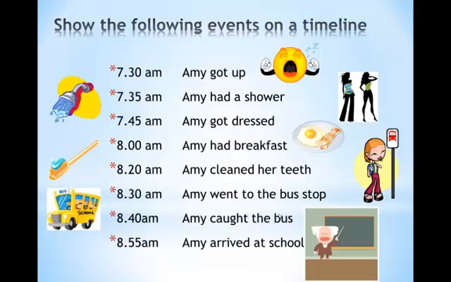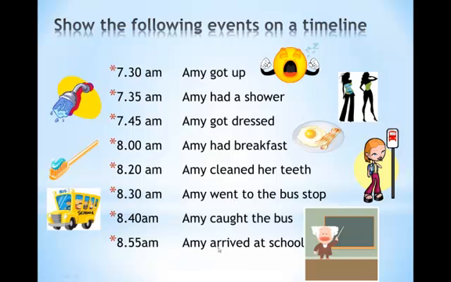Okay, let's have a look at an example of placing events onto a timeline. So here is Amy. She gets up at 7:30, has a shower at 7:35, gets dressed at 7:45, has breakfast, cleans her teeth, catches the bus and arrives at school.